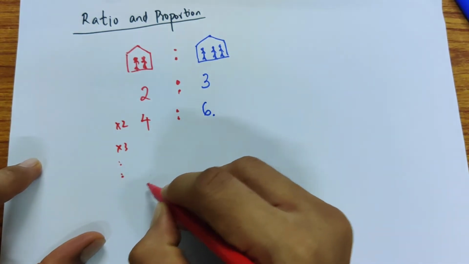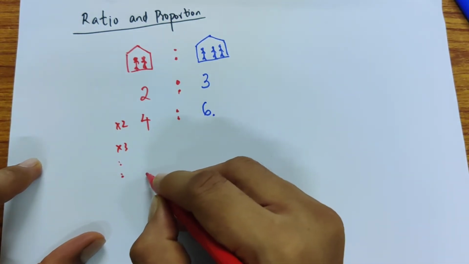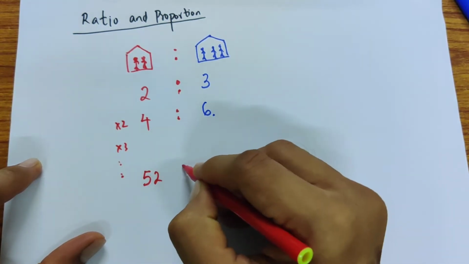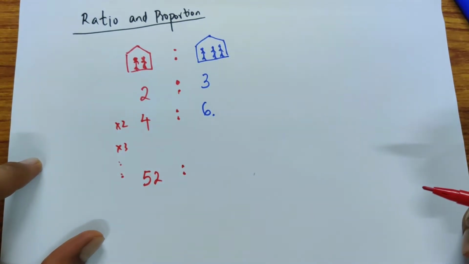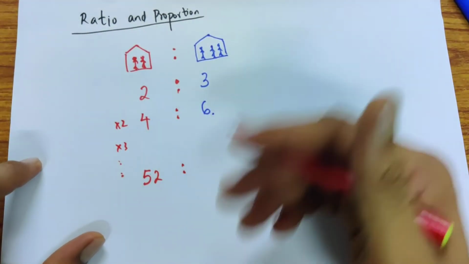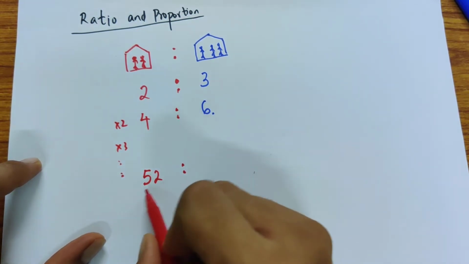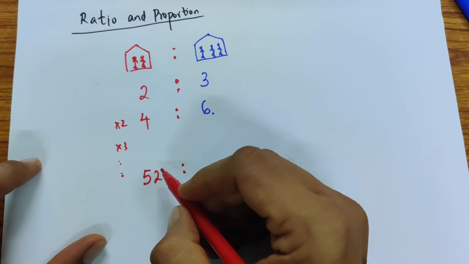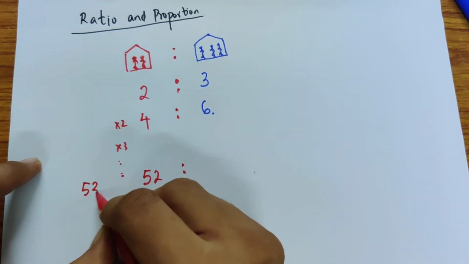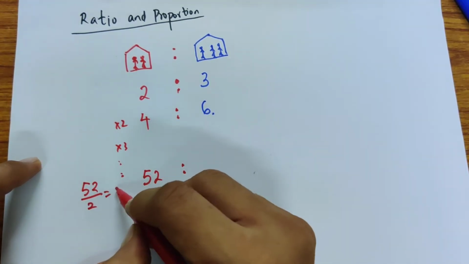So if you had at some point something that says, let's say 52, then what is this? In a certain number of days they had consumed 52 liters of water. So then you need to first figure out how many days it was. For that you would do 52 divided by 2.